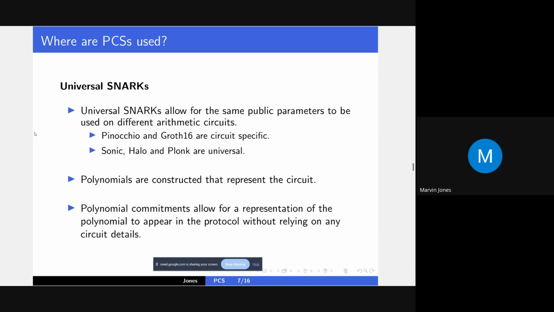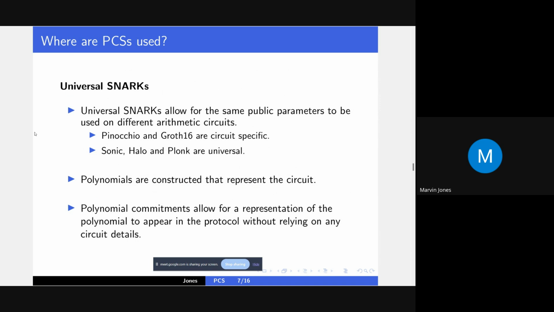And then those polynomials are essentially manipulated by the protocol. When I say the polynomials are, I of course mean the representation. The polynomial commitments are used in the protocol in very slick and clever ways so that it's general enough that it will work for any circuit that has a polynomial representation.